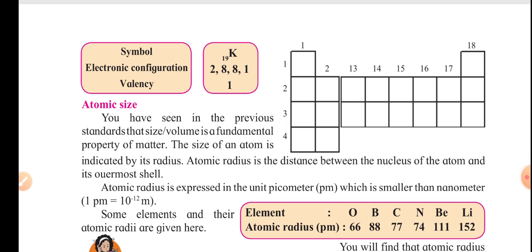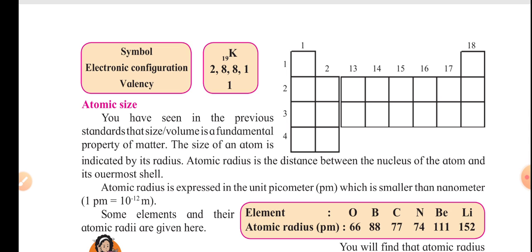Because a new shell is added, atomic size from top to bottom in a particular group increases. So atomic radius increases from above downward, and atomic radius decreases from left to right. That is what we have seen earlier.